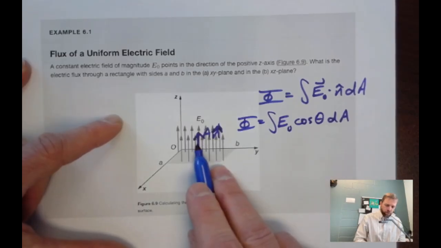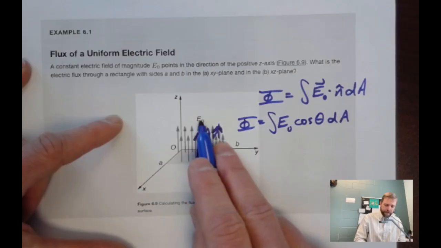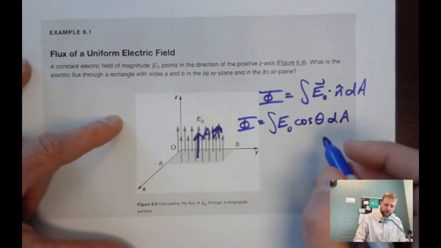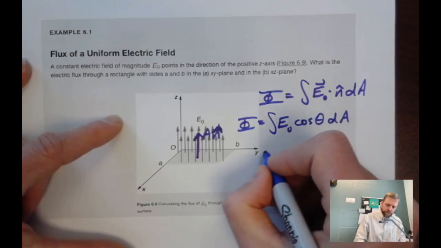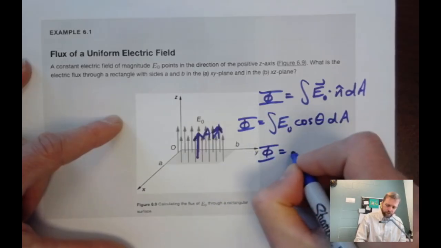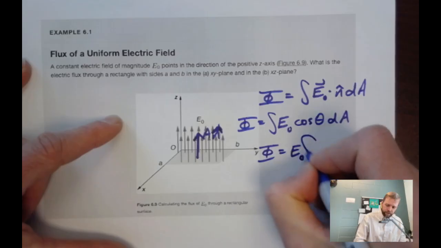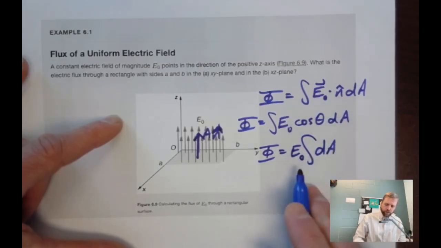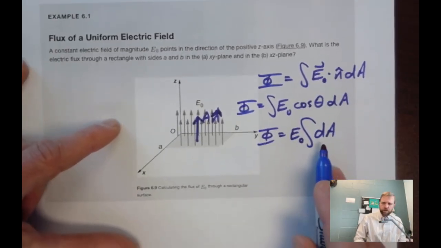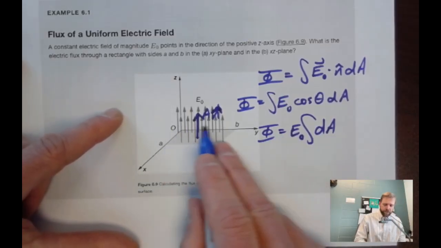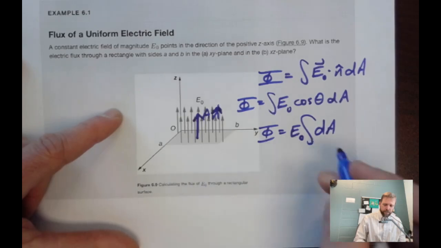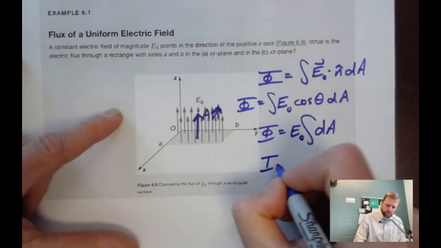The angle between the area vector, this blue arrow, and the electric field is 0, so the cosine of 0 is 1. Electric field is constant, so I can pull it out of the integral. Now I've just got the integral of dA, which is just the surface area. The surface area of a rectangle is the length times the width.